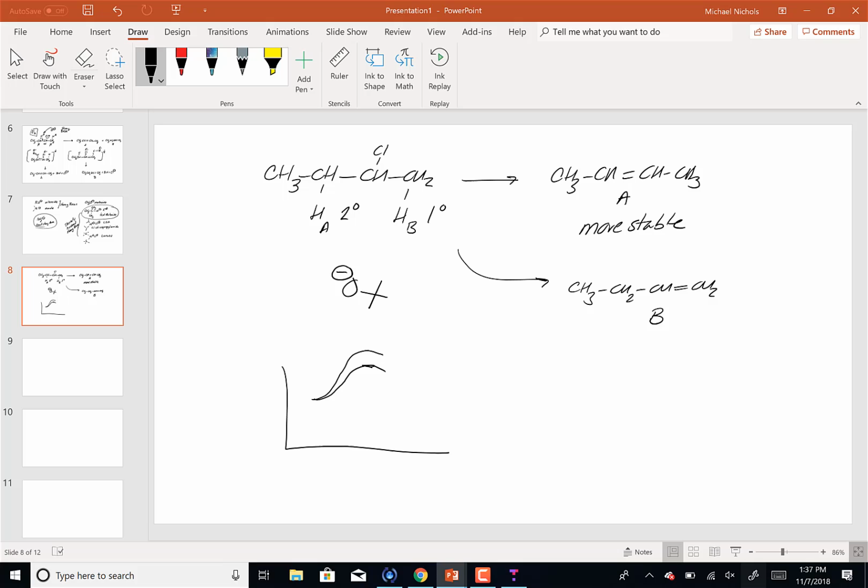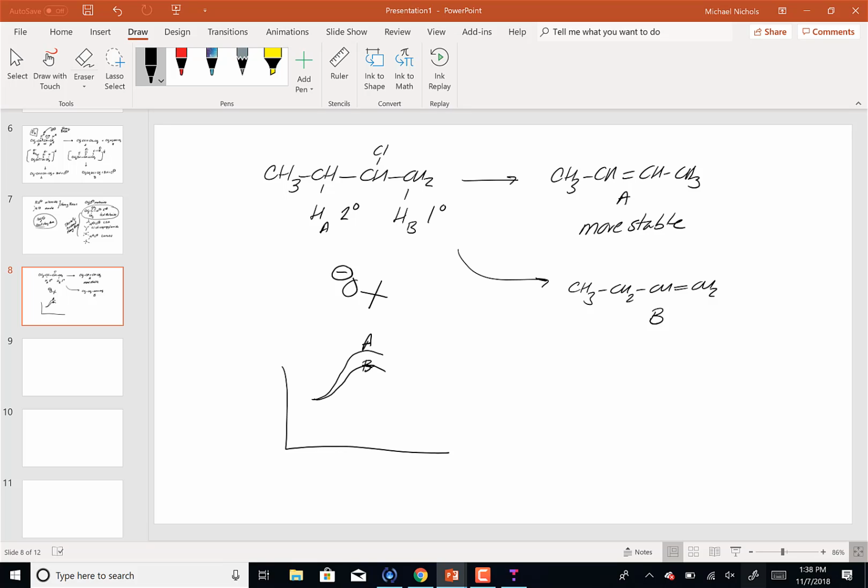It's going to be closer to the other groups. It's going to have a higher energy. So the transition state for pulling off the hydrogen B is going to be lower. So this is the A transition state. This is the transition state for forming B. Okay, does that make sense to everybody?